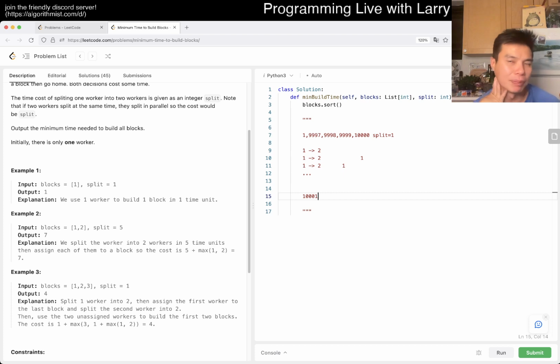You save time on the splitting, like you branch out as early as possible, but that actually gives you a longer answer, because now you take 3 steps to get to 10,000 and then you start, so it'll be 10,003 or something like this, right? So I think that's why binary search kind of makes sense.